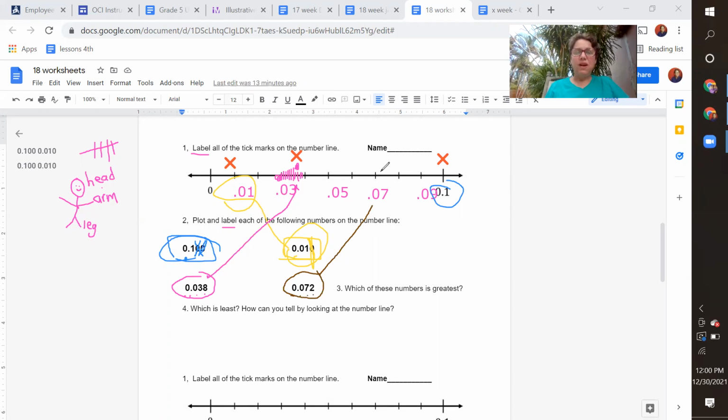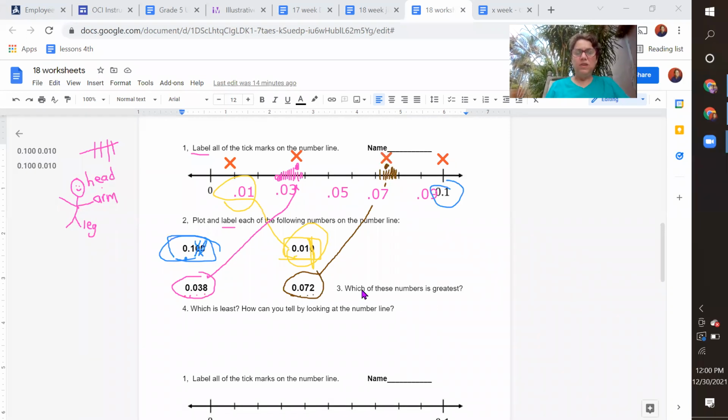And then remember, I make 1, 2, 3, 4, 5, 6, 7, 8, 9, and then this, of course, is 10. And then I check 7, 2 is this one. And you're going to write it underneath here, 0.072. And then that's that one.